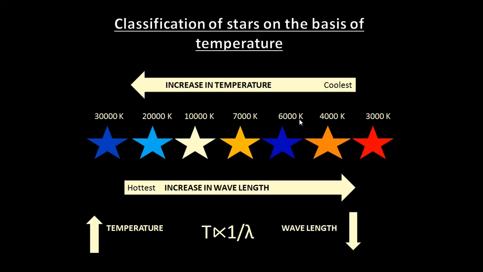So this is how the classification of stars on the basis of temperature takes place. As the temperature goes on increasing, the wavelength goes on decreasing. As the temperature goes on decreasing, the wavelength goes on increasing. So it is reciprocal.